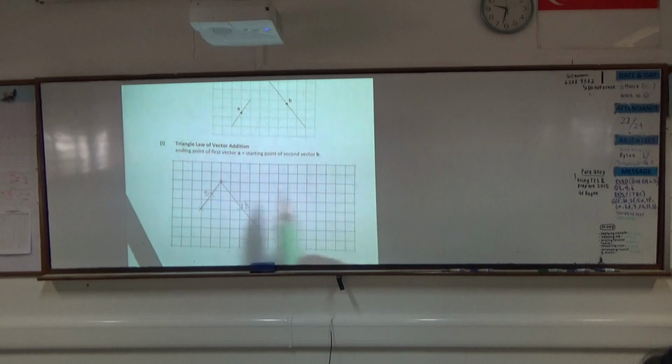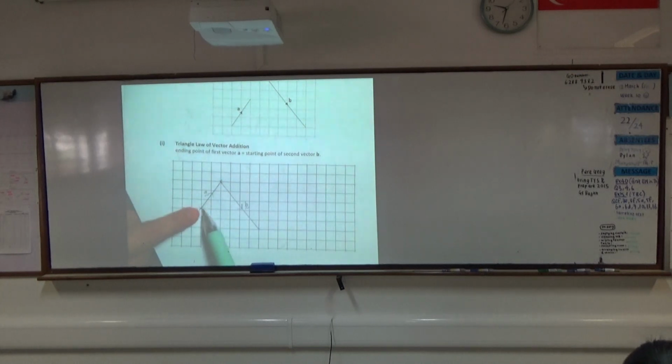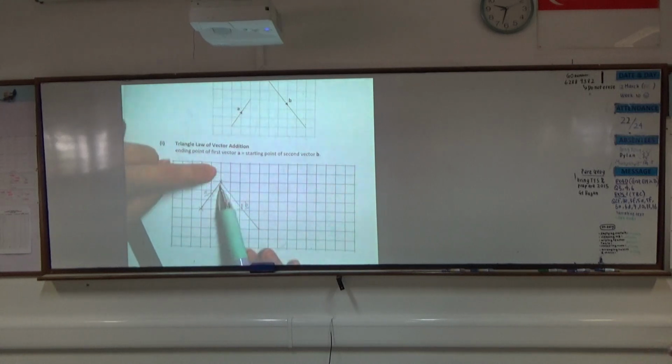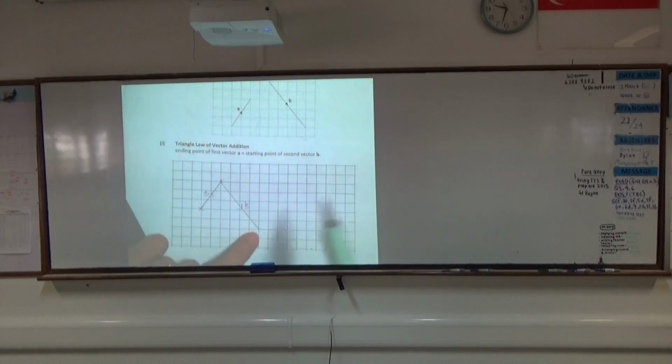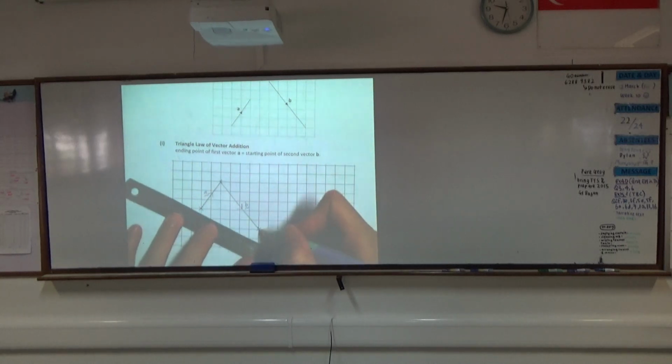In the triangle law of vector addition, it simply tells us that the starting point of A will be the starting point of the resultant vector. Then from the ending point of A, we continue to draw our vector B. We cannot draw our vector B elsewhere, so we continue it from the end point of A. Then the end point of B is the end point of the resultant vector.